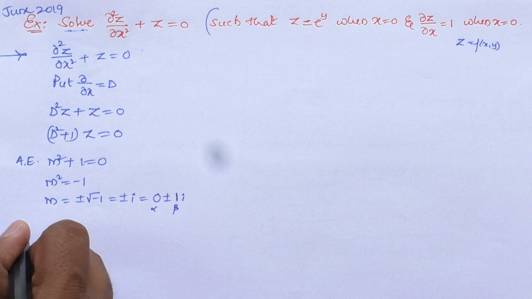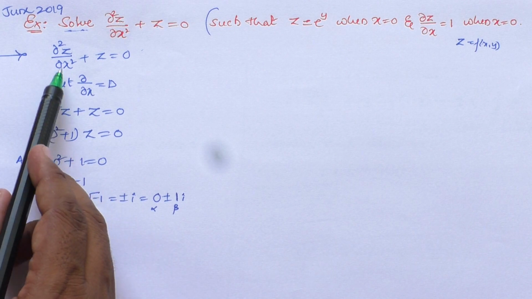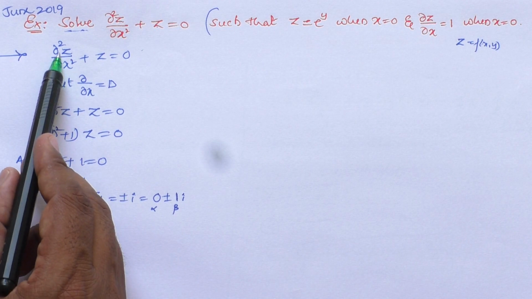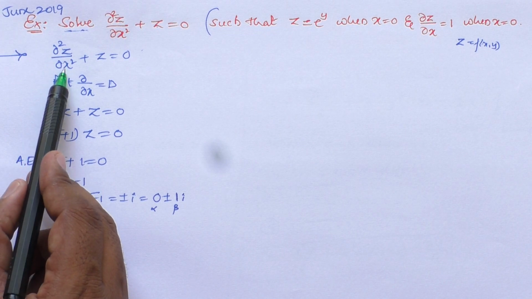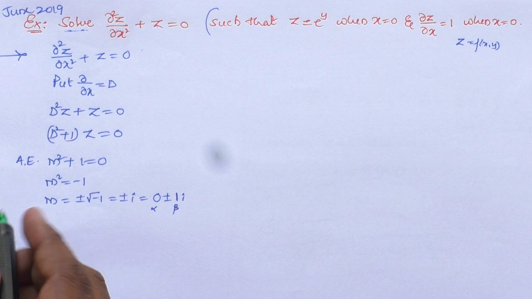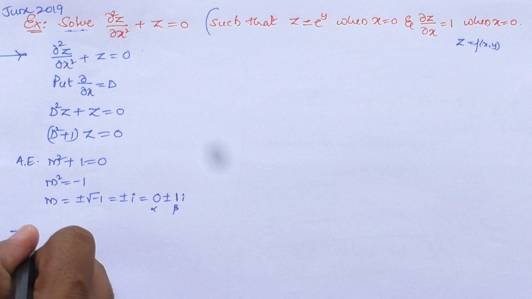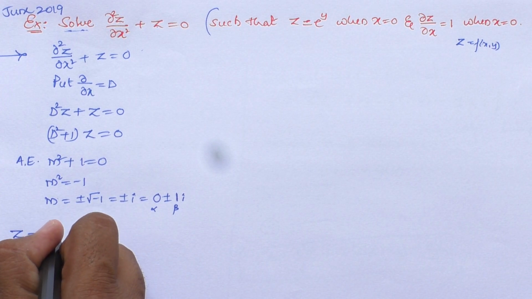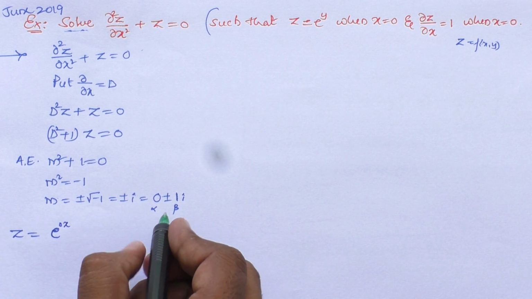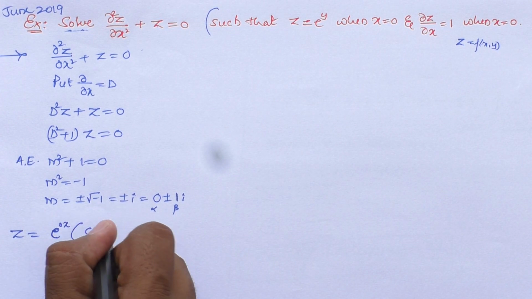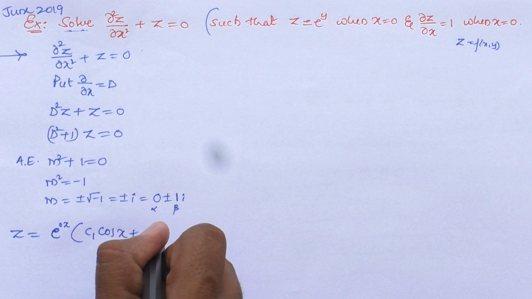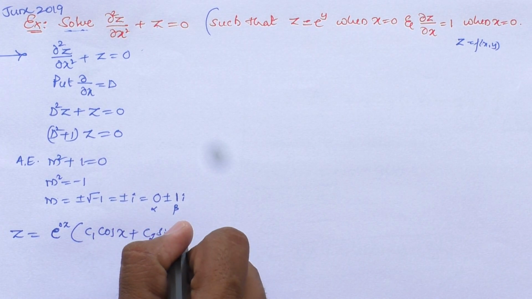From this we can write the solution. Observe the derivative, dou square z by dou x square, so we need to write z in terms of x. So z equal to e raised to 0x (c1 cos 1x plus c2 sin 1x).